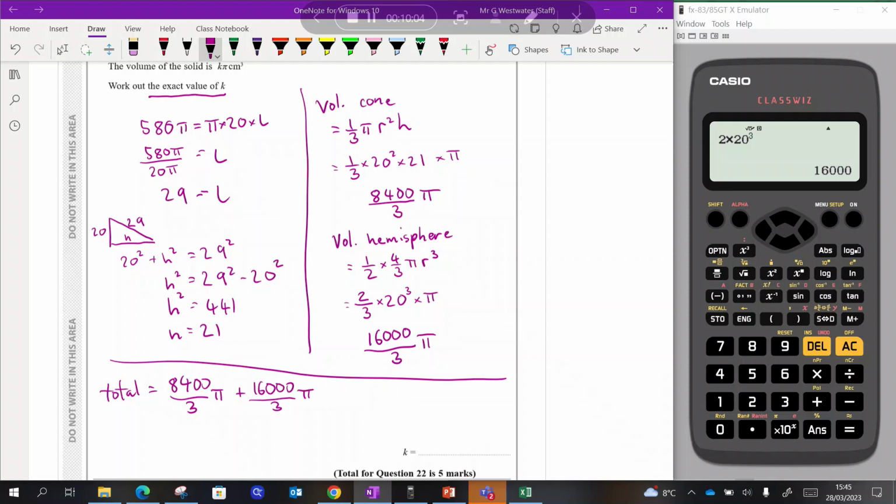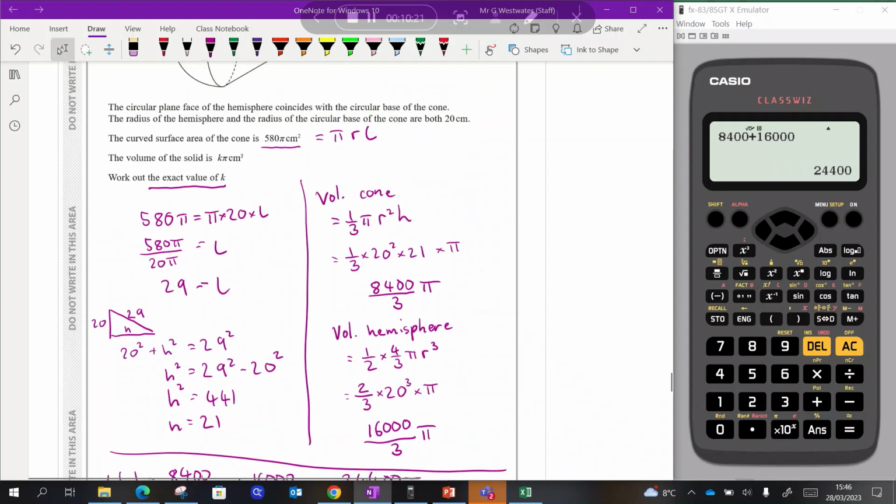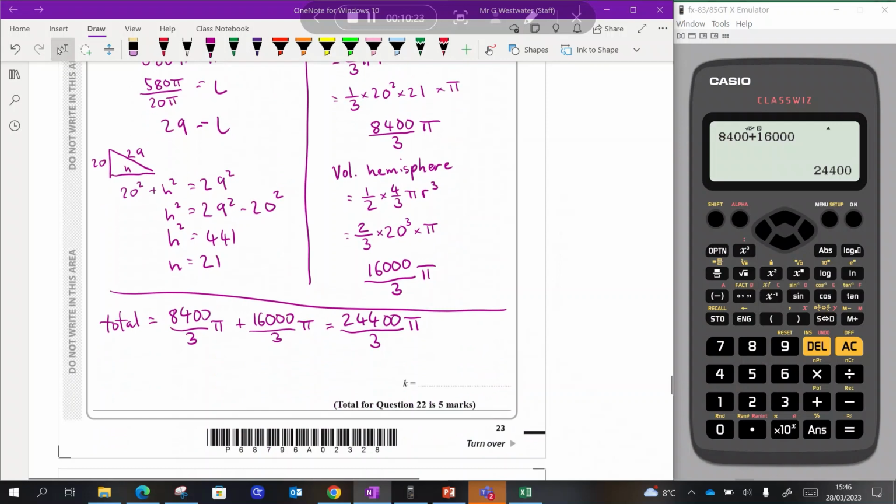So let's work that out. 8400 plus 16,000 is 24,400 over 3 pi. Now remember, it said it was k pi, so k is just going to be this fraction here, and we're going to leave it in exact form, 24,400 over 3.